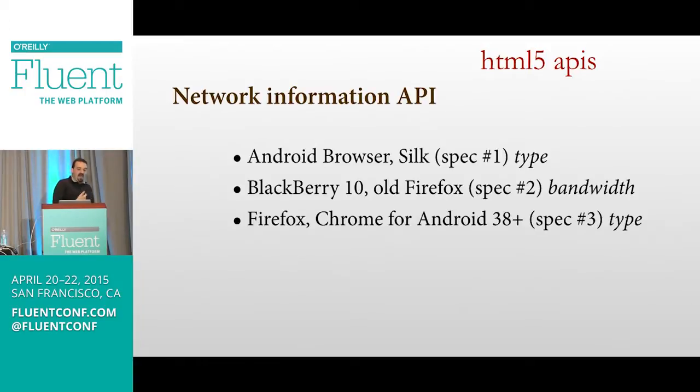And finally, the last spec that is available on Chrome and Firefox will give you, again, a type, but differently, okay? But with this API, you can query about the current conditions and do something. For example, the latency is too high, so let's try to decrease the number of requests that we are doing somehow to provide a better experience, because if not, the user will probably abandon my website, okay?